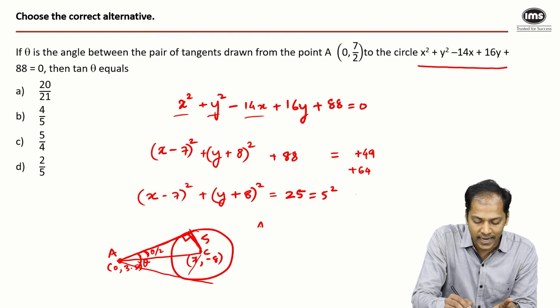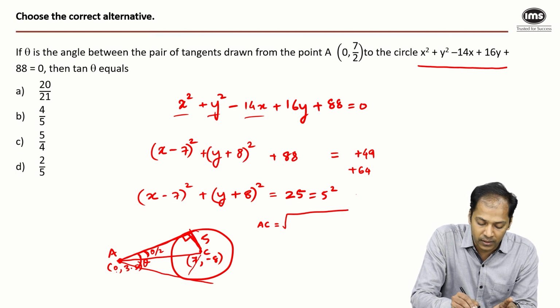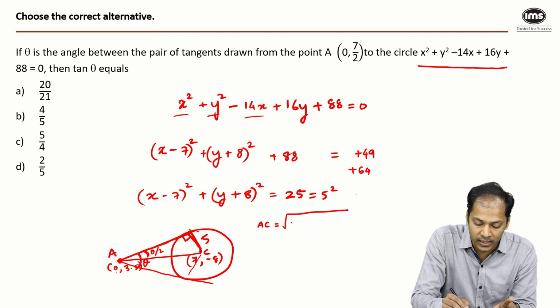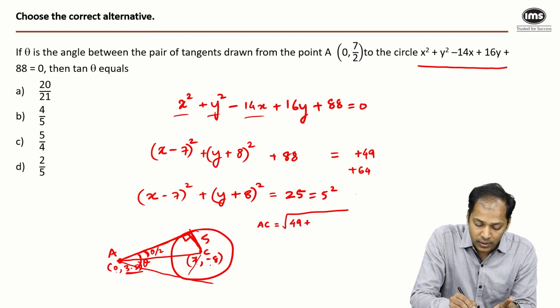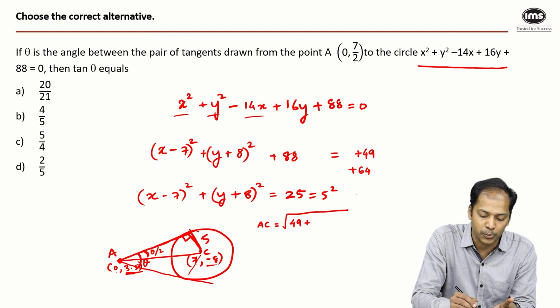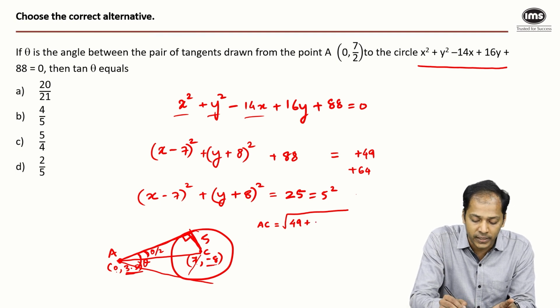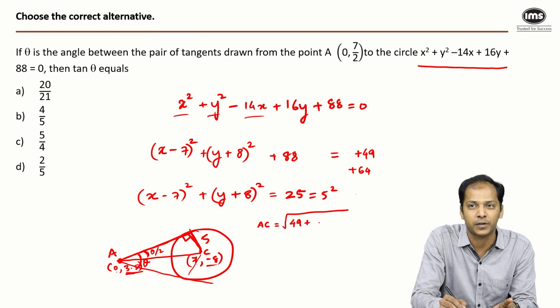So for that, I'll just calculate the length of AC. AC would be equal to under root of the distance in terms of x, so 7 minus 0, that is 7 square, 49, plus the distance in terms of the y coordinate, so minus 8 minus 3.5, that is minus 11.5, and the square of it.